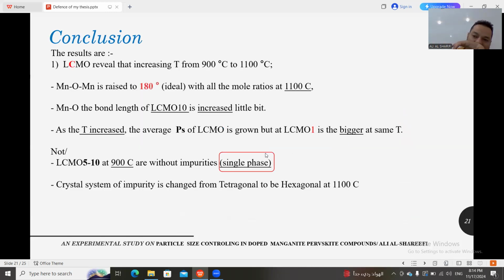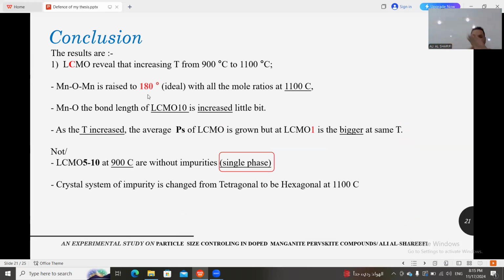Now let's talk about a simple conclusion. When increasing the lanthanum strontium manganese oxide temperature from 900 to 1100, the manganese-oxygen-manganese angle is 180. That means it's ideal.